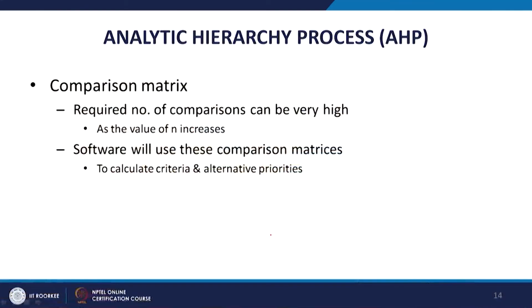These comparison matrices, whether for criteria or for alternatives, are used in the software to calculate the priorities for criteria and alternatives. In that sense, comparison matrices become input for different functions that we use in software for MCDM, and output is produced in terms of priorities and weights.